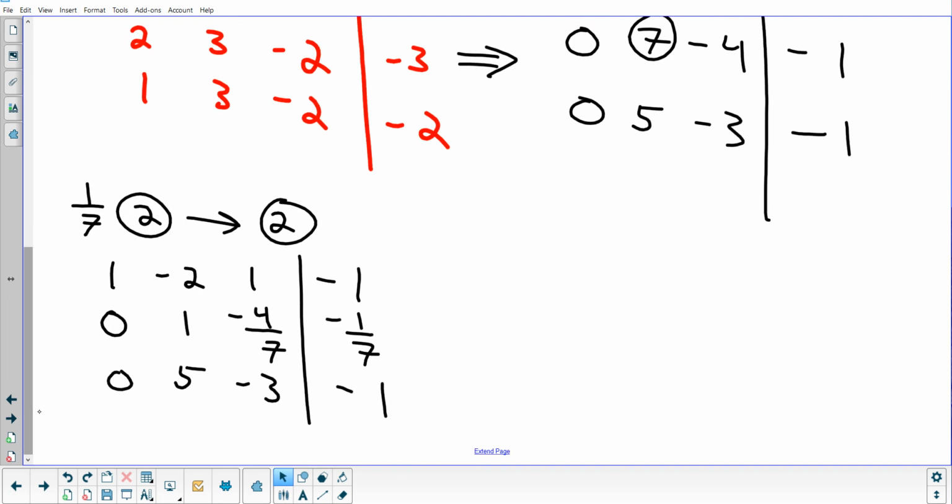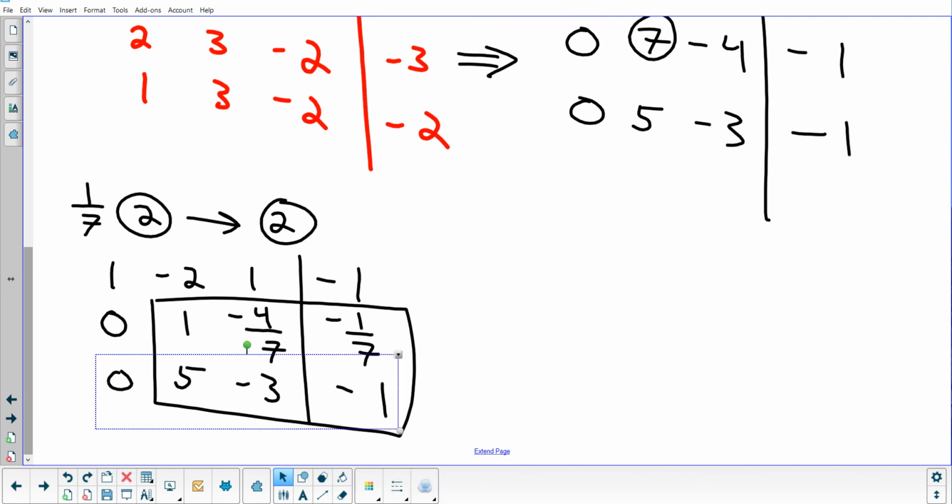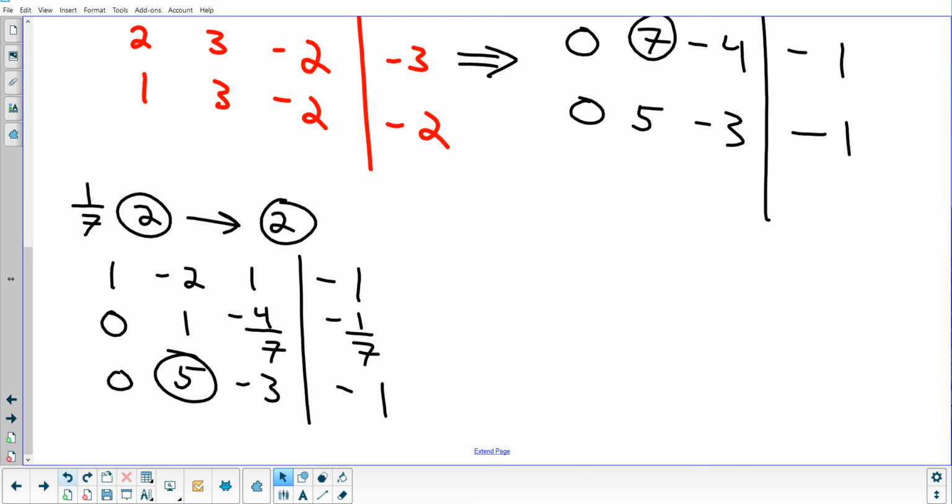Okay, so that's that step. So we've got a 1 in the upper left. We've got zeros below. Now, essentially what you're looking at is this. You're down to 2 variables and 2 equations. You've got rid of the x variable in 2 equations. Now we're going to get rid of the y variable right here. You want to turn that number into a 0.